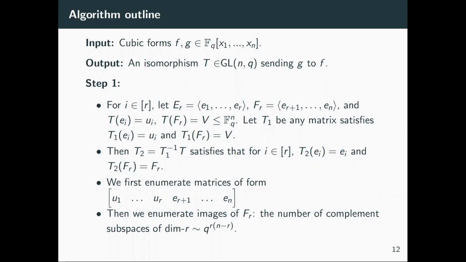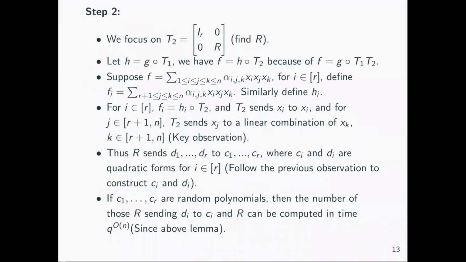And we have that the number of complement subspaces of dimension R is equal to q to the R times n minus R. In step 1, we enumerate the T1. So in step 2, we focus on T2. Actually, we need to find the matrix R.